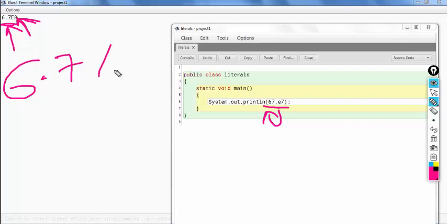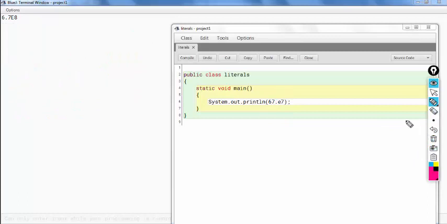You have to multiply it by 10 to the power of what? Since we have moved 1 time towards the left, we'll multiply it by 10 to the power of 1, and we already have 10 to the power of 7 here, so it will finally become 10 to the power of 8. And this is the reason why the output is showing as 6.7 into 10 to the power of 8.